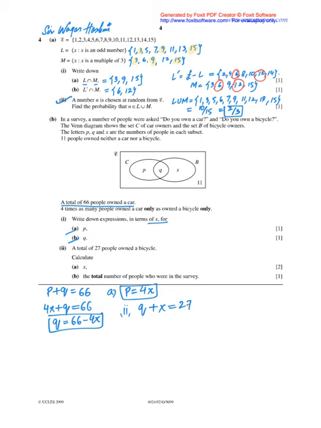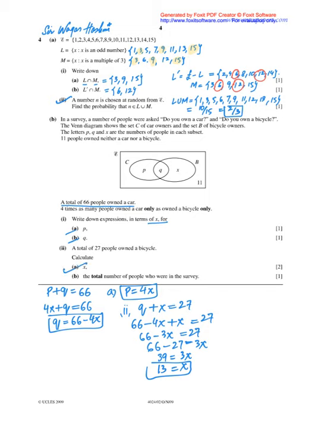You have Q in terms of X, so I will place it. 66 minus 4X plus X equals 27. 66 minus 3X equals 27. 66 minus 27 equals 3x. 66 minus 27 leads to 39 equals 3x, and x equals 13. Alright, that is third part A answer.